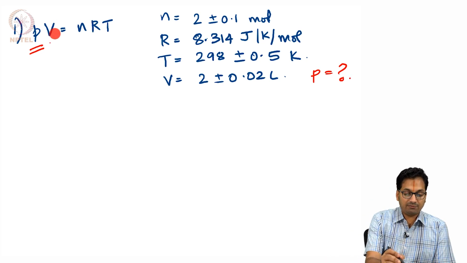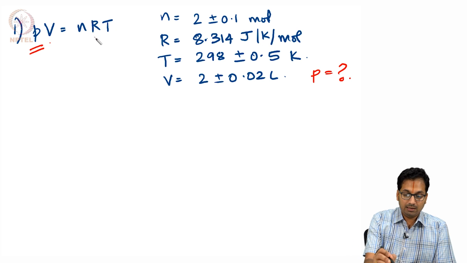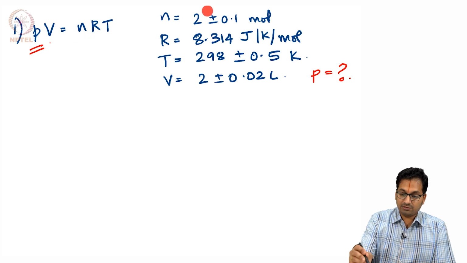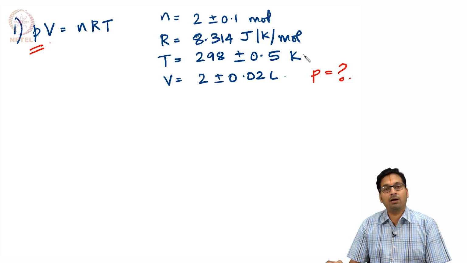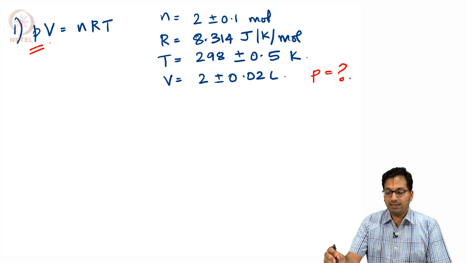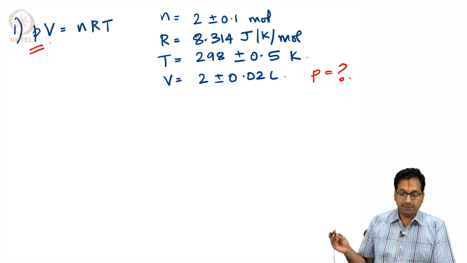You are able to realize that for each of these variables, V is associated with a certain error, the number of moles is associated with a certain error, so is the temperature. So, what would be the error associated with P is the question in this case. So, let us try to solve this problem.